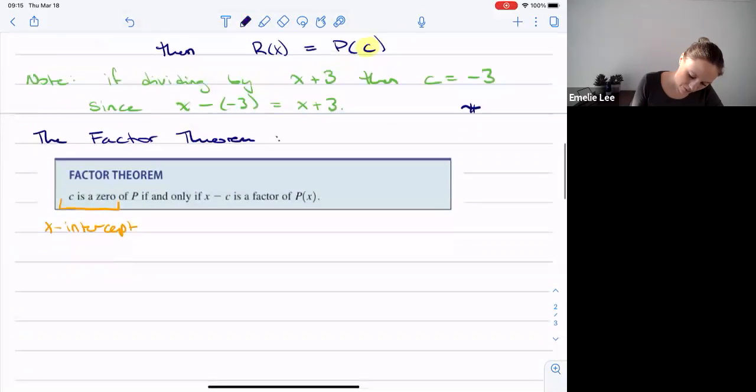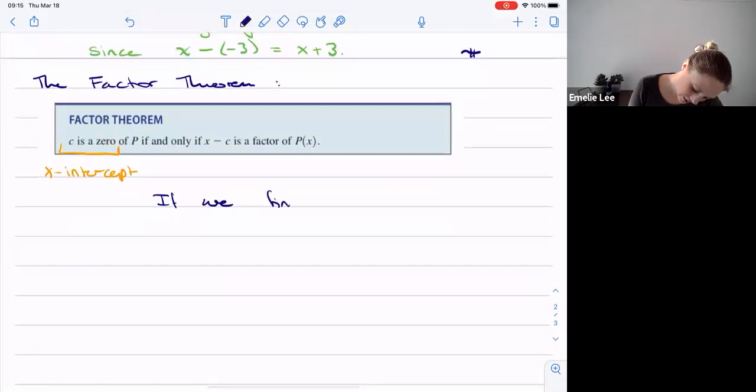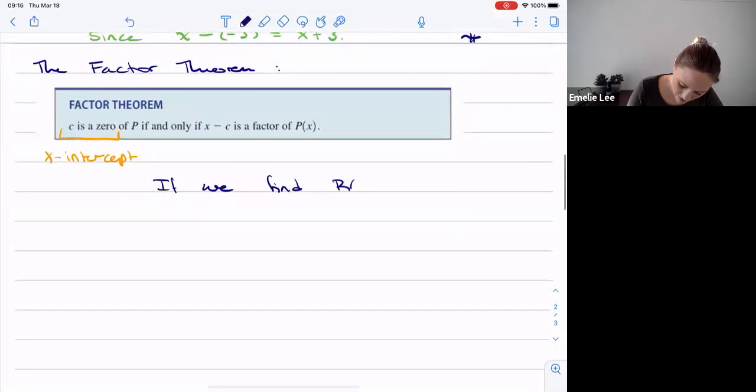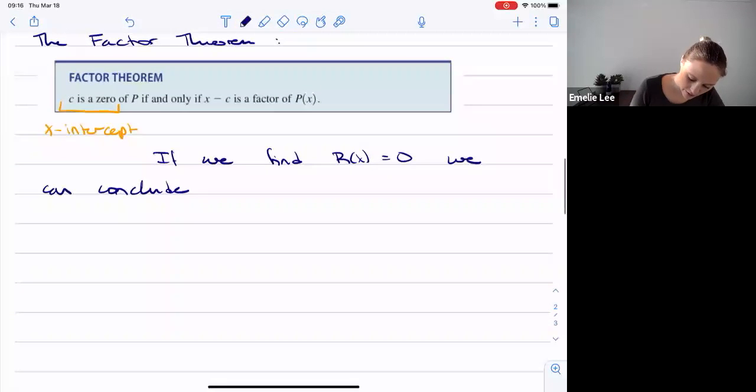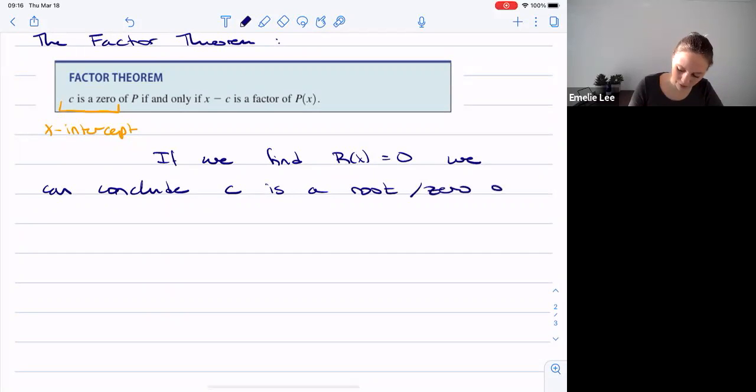So here, if we find that R of X equals 0, we can conclude C is a root, or a zero of P. And again, it only works if you're dividing by X minus C. Okay, so let's do an example here.